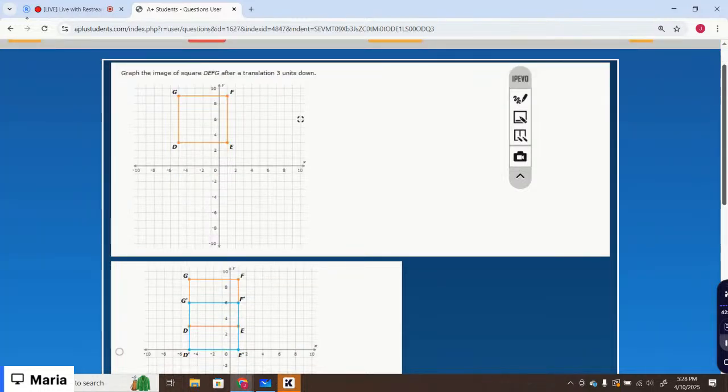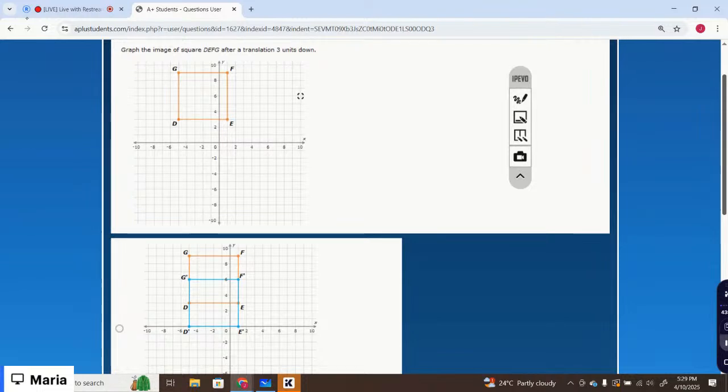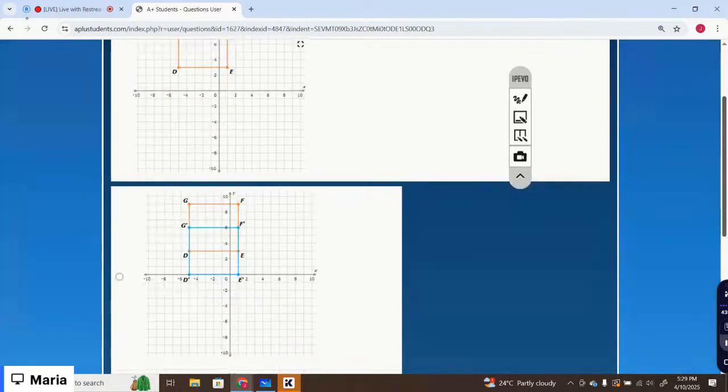Graph the image of square DEFG after a translation 3 units down. 3 units down.